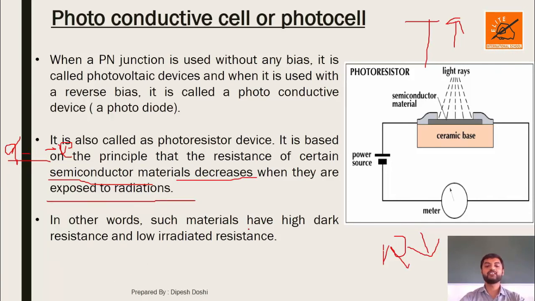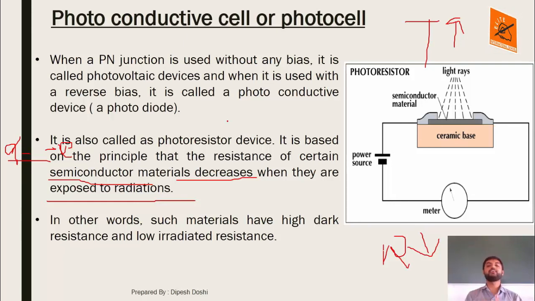In other words, such materials have high dark resistance and low irradiated resistance. What does it mean? Whenever there is no impact of light, that is high dark resistance. Because of the negative temperature coefficient, the temperature is lower since there is no light, and because of that resistance will be high.